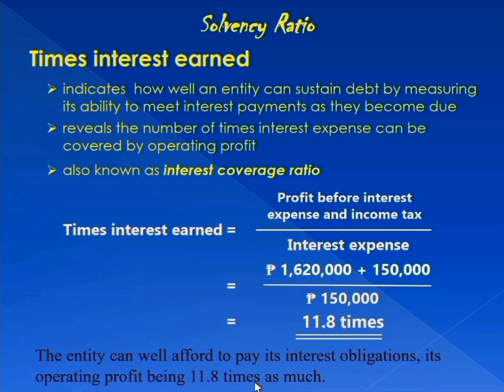They reason out that adding back also those non-cash expenses to the net income would result to the numerator becoming a better estimate of the amount of cash generated from operations which is available for the payment of interest expense.